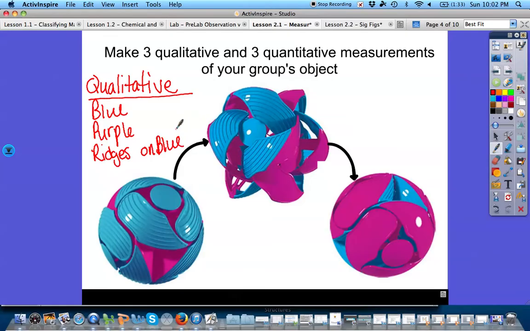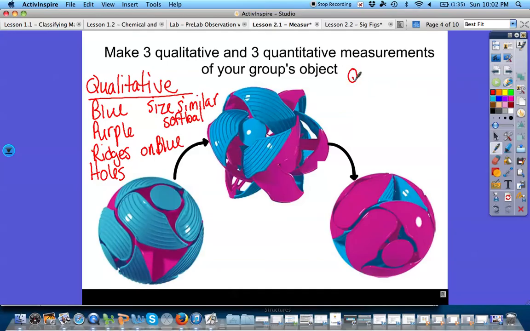You can say that there are holes in it. All of those things would describe it. You could also say that the size is similar to a softball or some other object that you can compare it to.